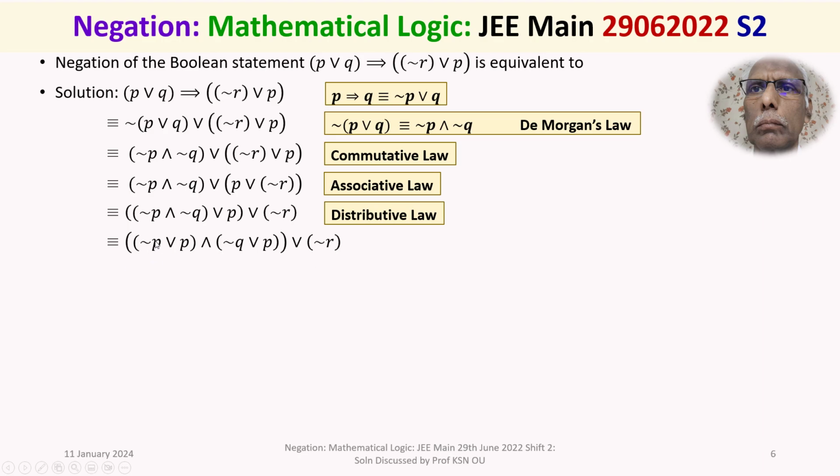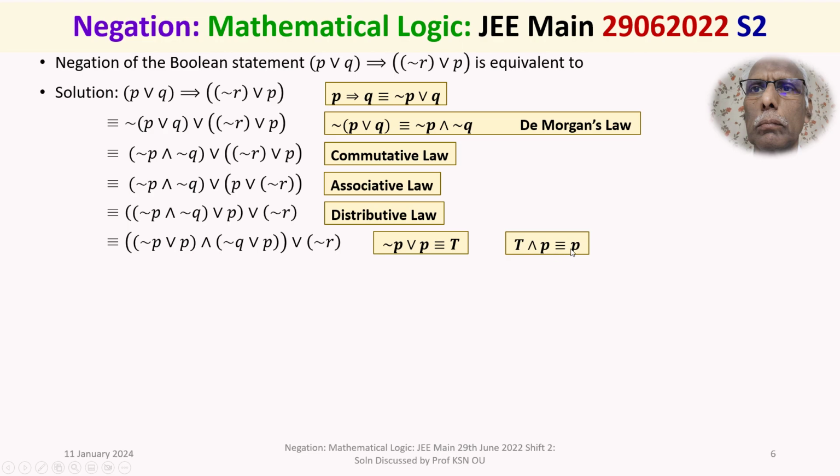Negation of P or P is a tautology, always true for all truth values of P. So this is T, and T and any expression is the expression.